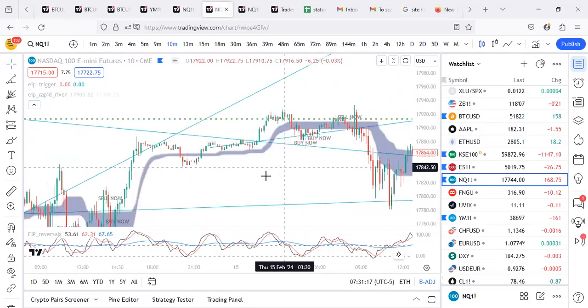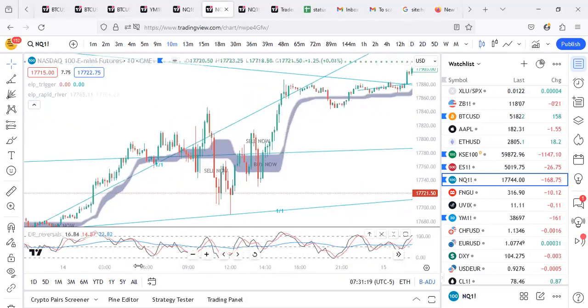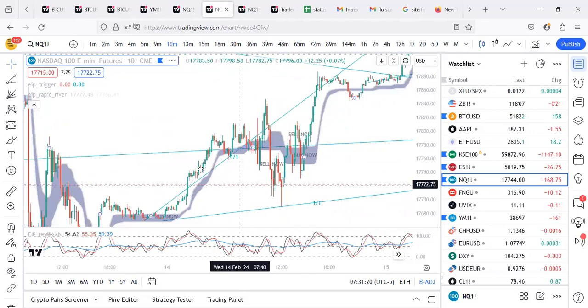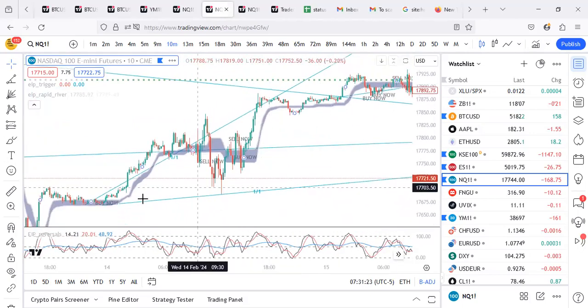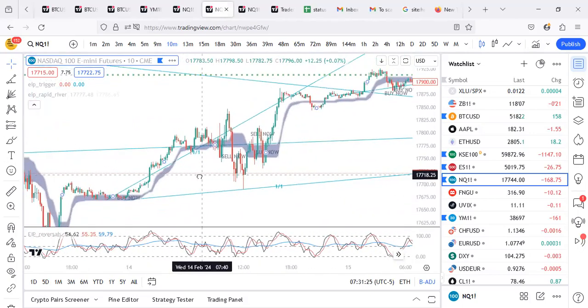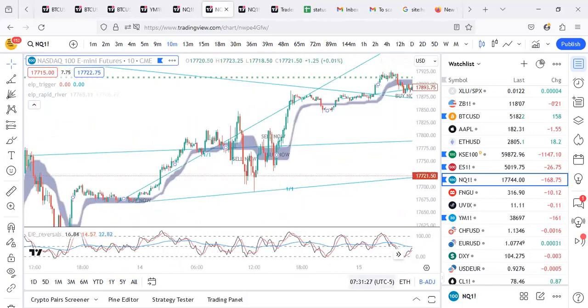If I go a little back, this was the time I made the fractal, that I made the video that we could go one up. So we bought over here when this broke out, and during this price action, we kind of knew that we would go up because of the fractal, because of the cycle of the past of December 4 cycle.